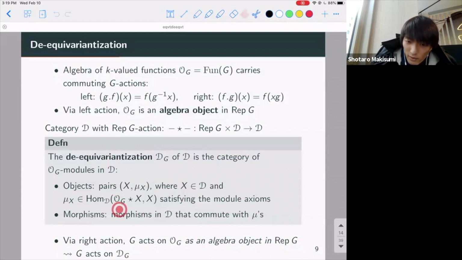There is some morphism from OG tensor with itself to OG in your category rep G. And morphisms are, again, what you expect for a category of modules over OG.